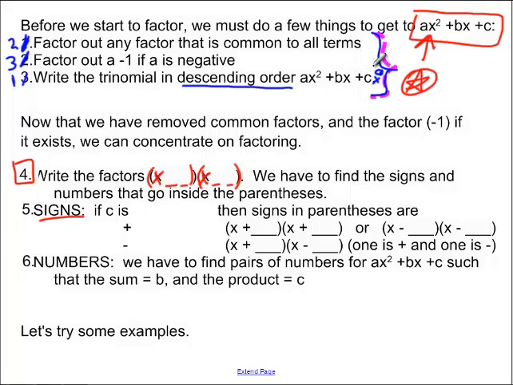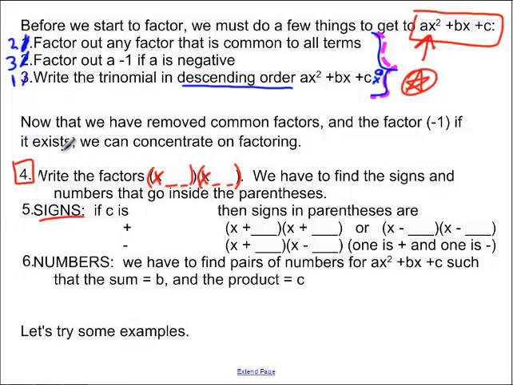So 2, 1, 0, so this term should come first. Step number 2, to make our life easier, is factor out any factor that's common to all the terms. Later on, we'll find that maybe all these terms have a common number, like 10. We can factor out the 10 to make factoring the smaller numbers a lot easier. Step number 3, again to make our life easier, is to factor out a -1 if that term is negative.